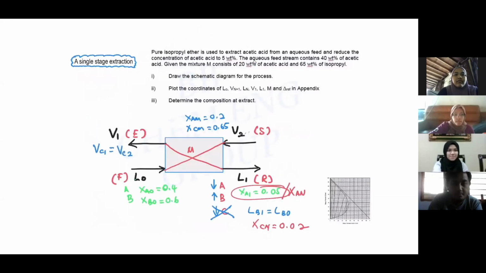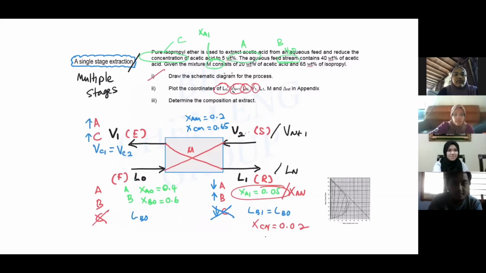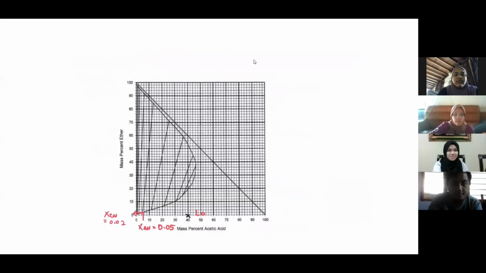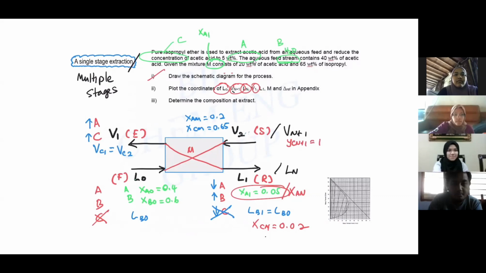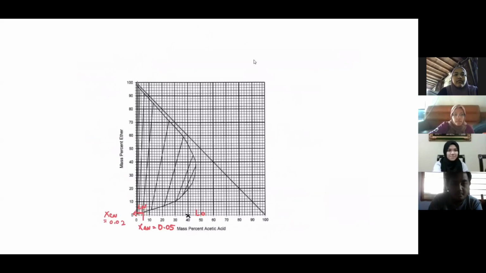And then you need to label your Ln. It asks for Ln, so label that Ln. And then you are given also, where else? Pure. If pure, YCn plus 1 is equal to 1. Pure, so it sits here.